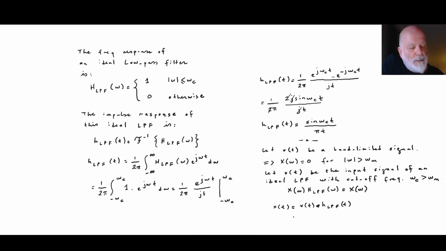In other words, x of t is equal to the integral from minus infinity to plus infinity of x of tau times h LPF of t minus tau, which is sine omega c (t minus tau) divided by pi (t minus tau), integrated with respect to tau.